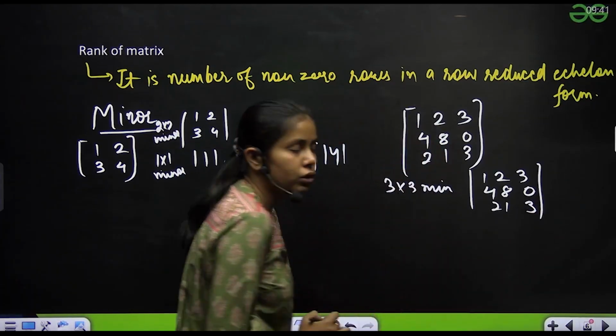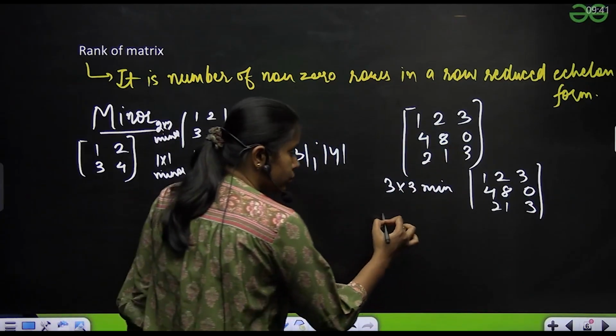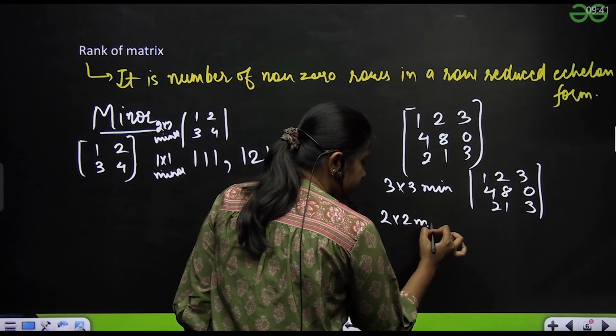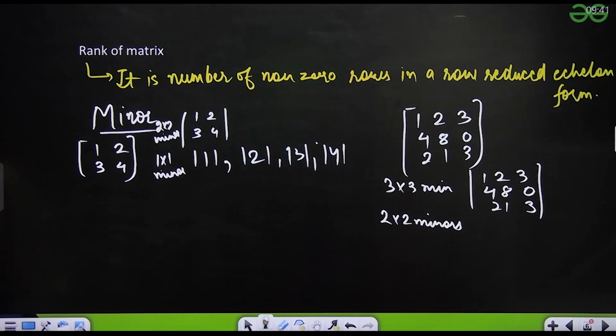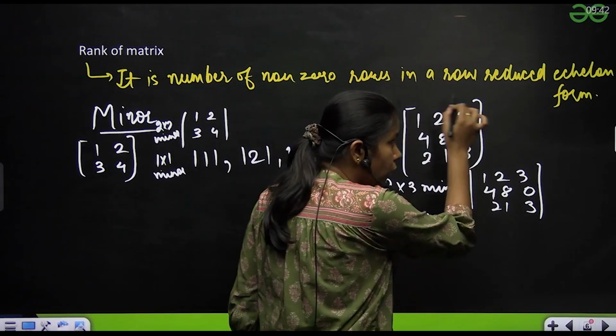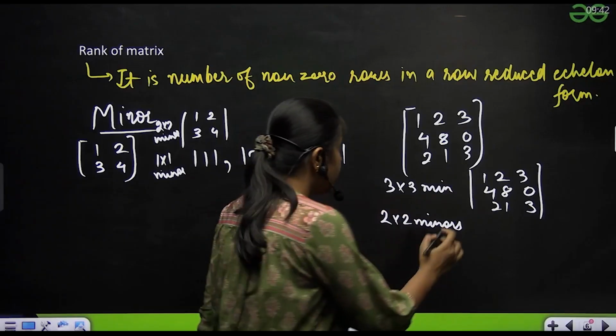Now I'll take 2 cross 2 minors out of it. You would take all the 2 cross 2 matrices possible.